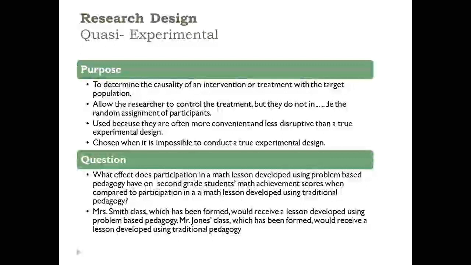It really allows the researcher to control the treatments and look to see if the intervention had an effect on the identified dependent variable. Again, this is the most rigorous design aside from the true experimental design, and is often chosen in educational research because it's more convenient and less disruptive.